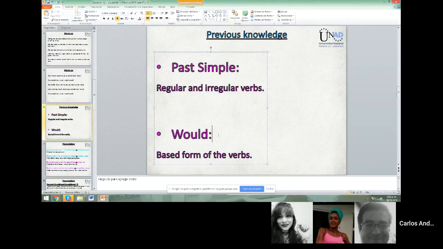We cannot add to, or we cannot add ing. It has to be the base form of the verb, just like this. And the base form, of course, is in present. So you need to remember a little bit about the rules of the modal verbs so you can use them with would. And don't worry, it's going to be very, very easy.